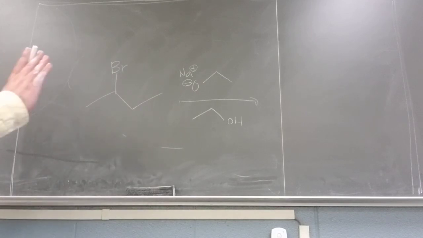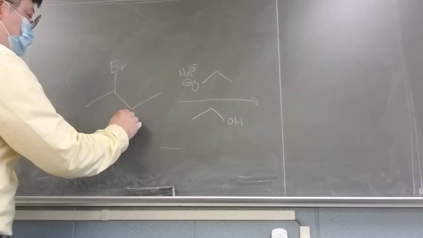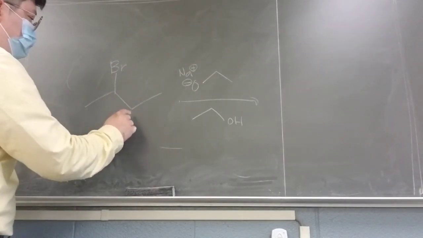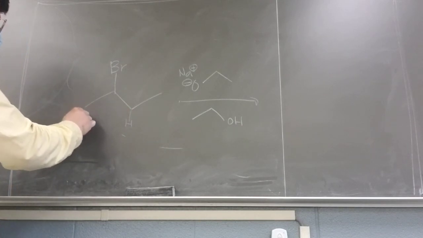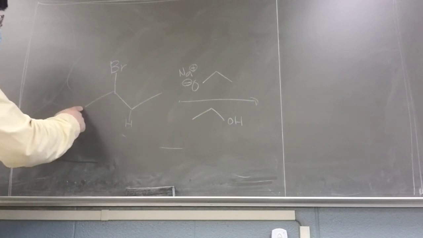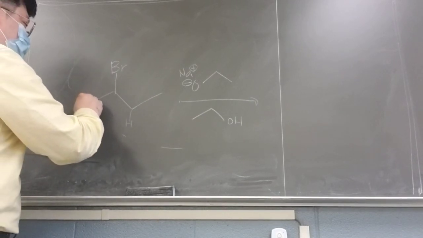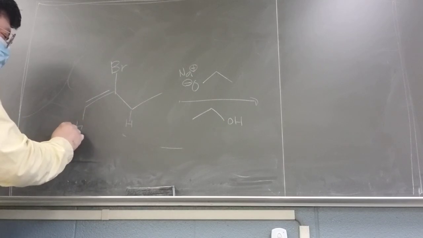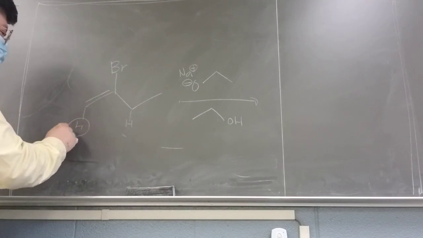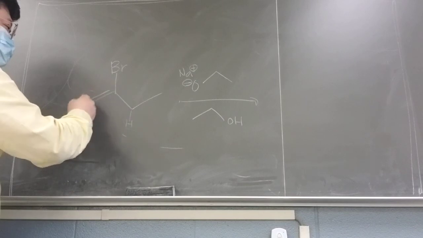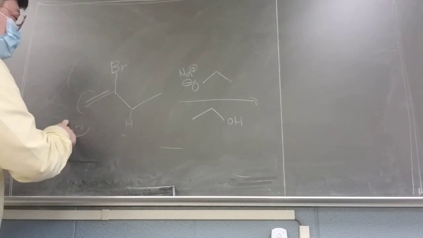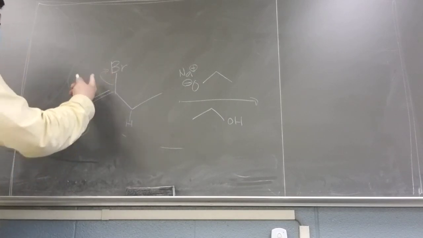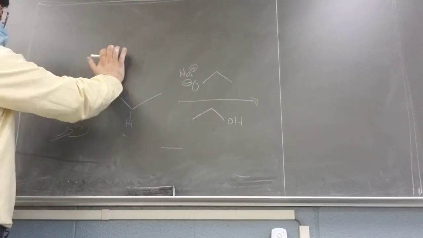So in here, there are two possible scenarios. Either they can pick the hydrogen on the inner position or the terminal position. If we take the hydrogen on the terminal position, when hydroxide comes in, it picks up this one, this goes there to make a double bond, and this will leave.